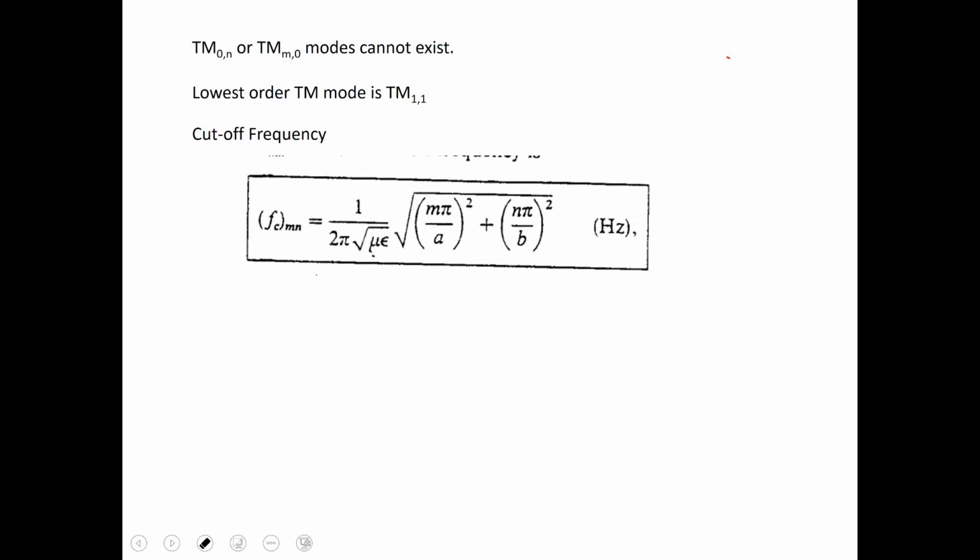Also, when we looked at the TM mode, we had seen that these components cannot exist anytime m is equal to 0 or n is equal to 0. Why?